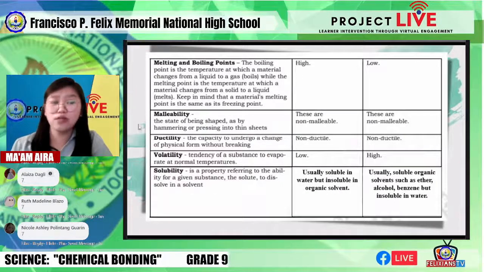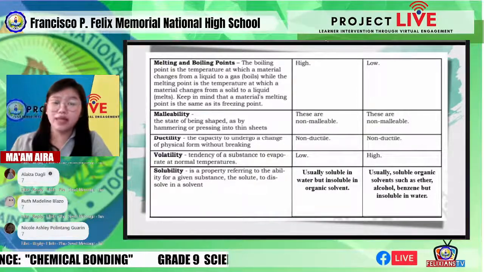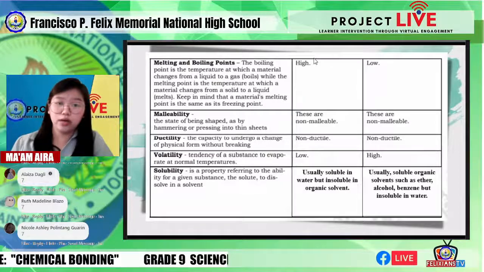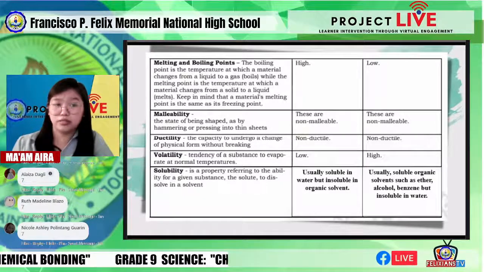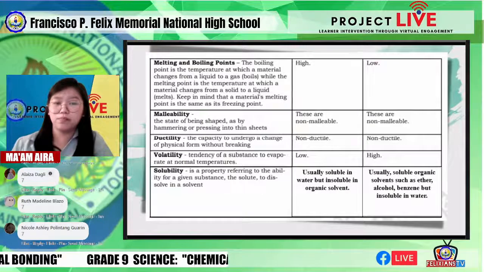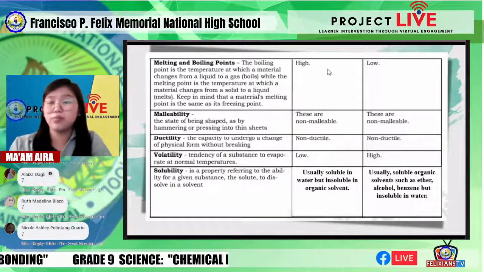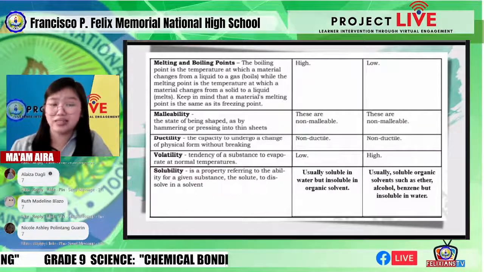Volatility has something to do with the melting and the boiling point. Remember that ionic compounds or ionic bond has a high melting and boiling points. So kapag mataas yung boiling point ng isang ionic compound, hindi agad siya makakapag-produce ng vapor. Therefore, ang volatility niya is low.